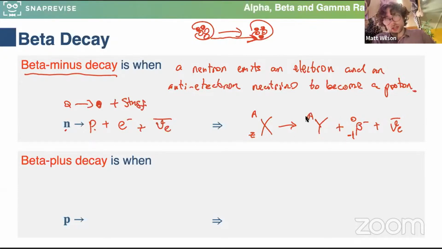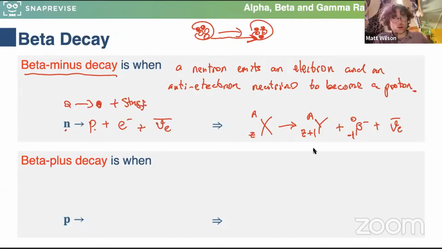There has been no change. On the other hand, a neutron has become a proton. So we do have one more proton than we had before. And so we put Z plus one here. This bottom number has changed from some number Z to being one more. We have one more proton present. Okay, so that's how we can write this beta minus decay as a kind of nuclear decay equation.